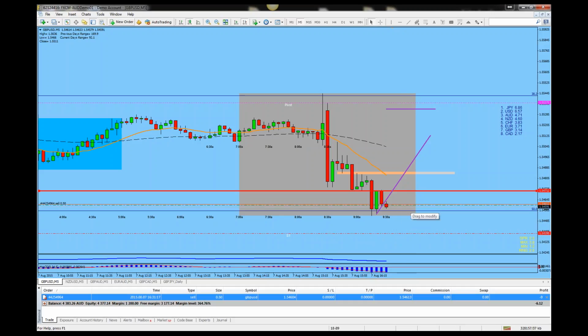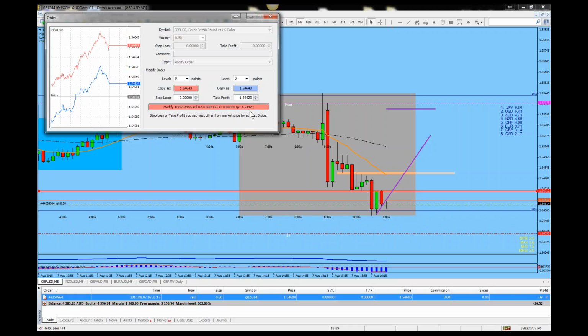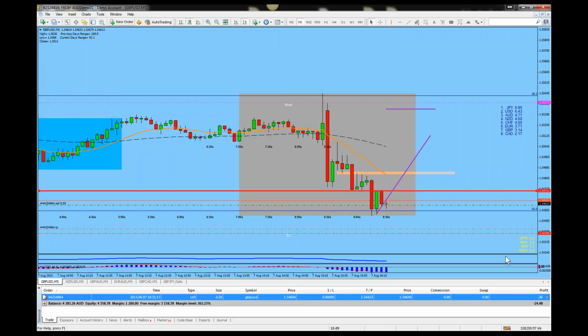Oh, let me pull my take profit and just bring it right up. And what do I have? A 2-pip spread, so let me put this at 18 pips. All right, and let's go back up here.